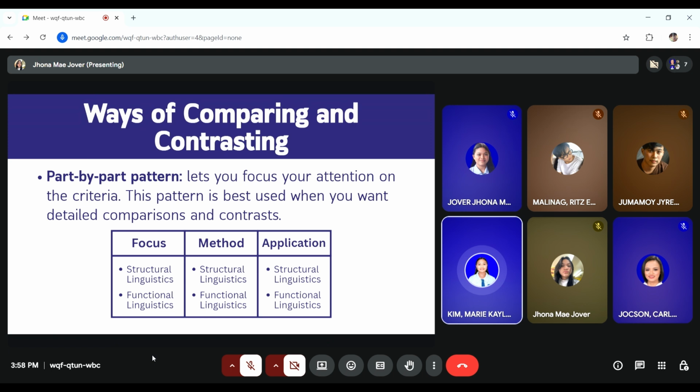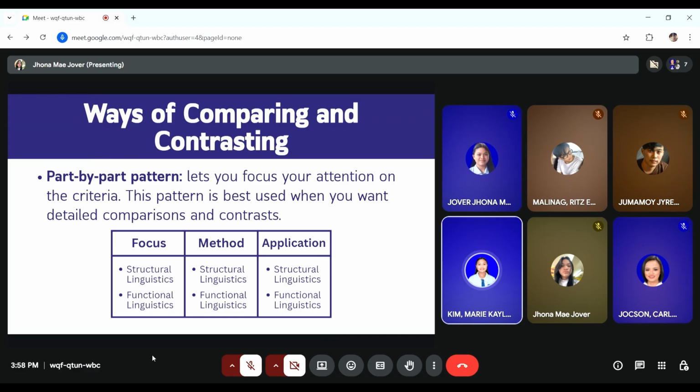Then we compare their application, explaining how each theory is used in real life language studies. This pattern allows the audience to clearly see similarities and differences side by side because the subjects are compared immediately under the same category. It becomes easier to analyze and evaluate them.